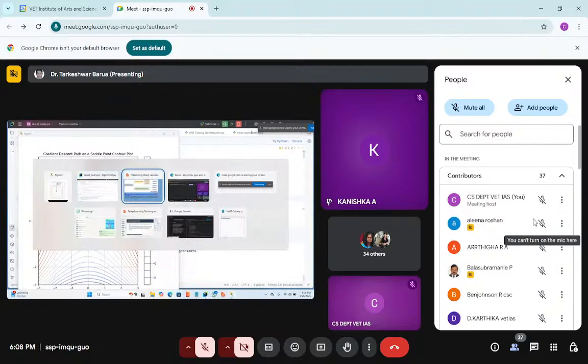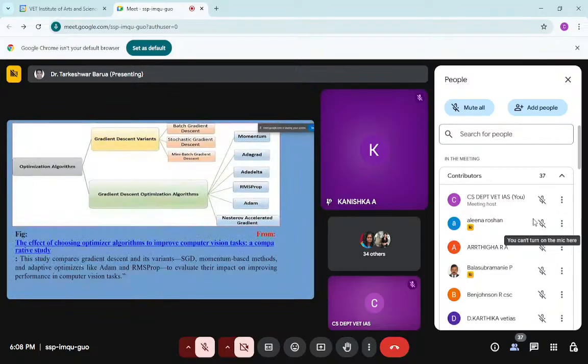So now coming to the slide. In this, the effect of choosing the optimizer algorithm to improve computer vision. It is not that everywhere you can apply the same; in computer vision, we apply different techniques.